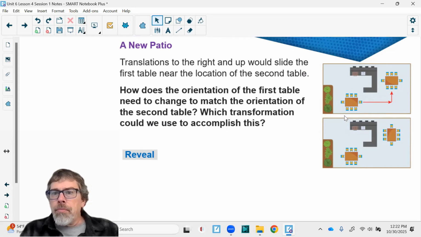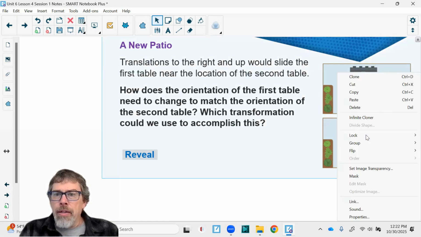So what they did in this step here was shift it right and then shift it up. Okay. And on this one, we'd have to shift it right and shift it up and then rotate it 90. Or maybe we could just rotate it around a center point like here.